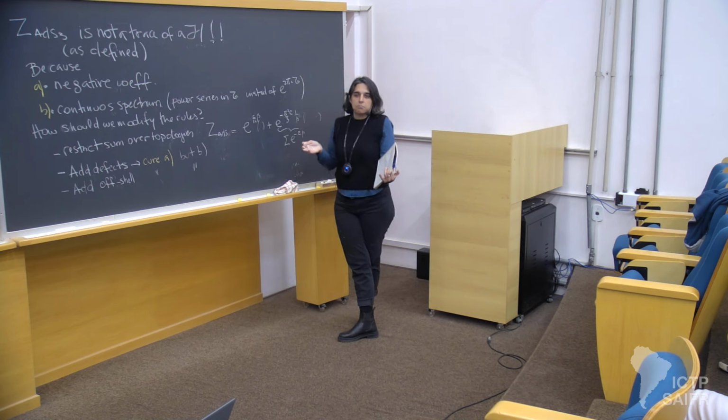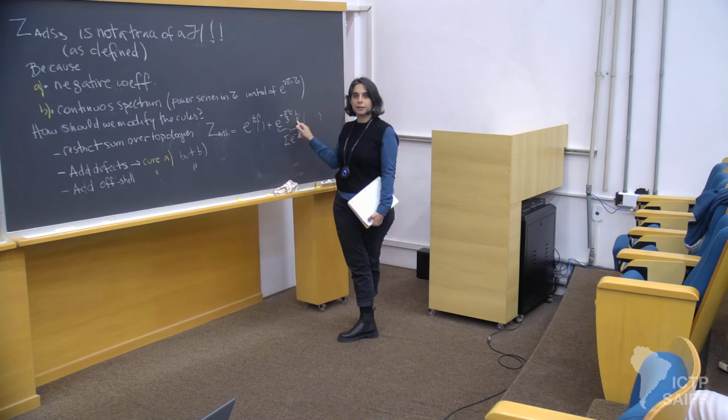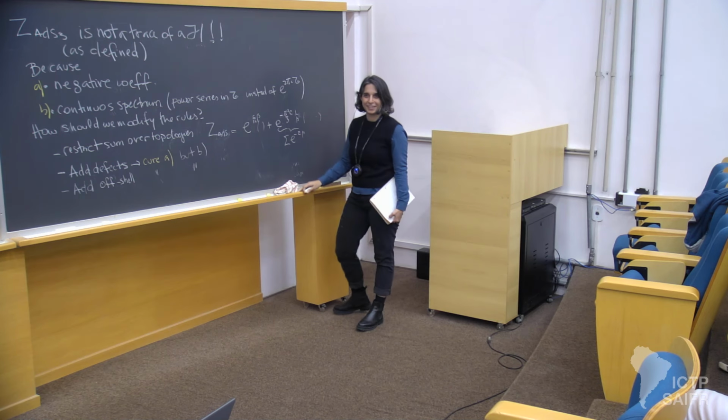In a sense, that's something that you can do, but you will not describe black hole physics. Well, you will get this 1 over beta. So this part over here of the black hole will look okay.